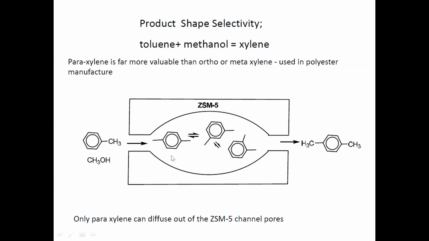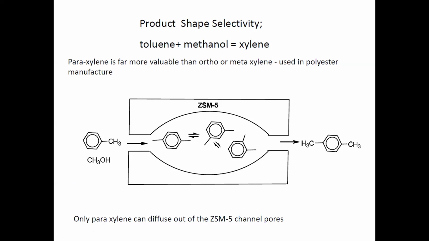If you get a mixture of paraxylene and metaxylene, you are doing this. So you start with toluene and methanol reaction. It can give rise to paraxylene, orthoxylene, and metaxylene.